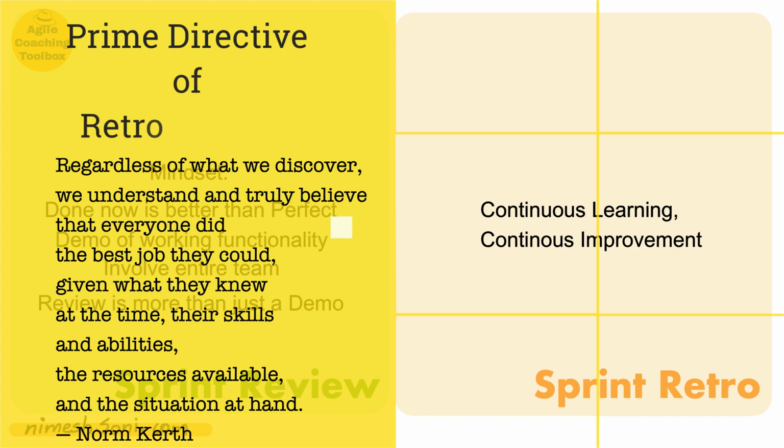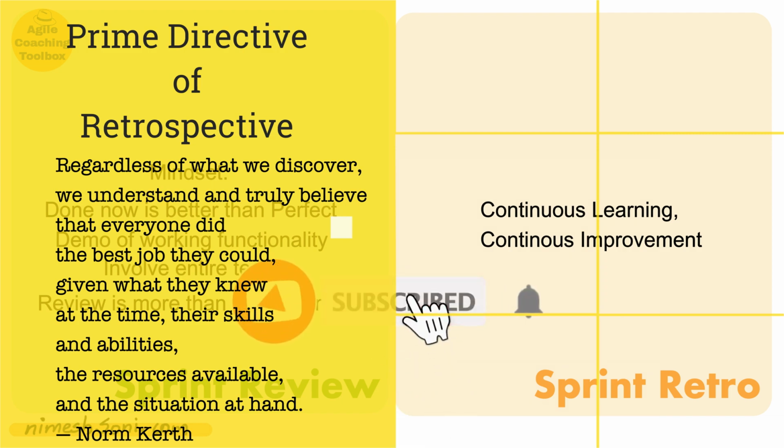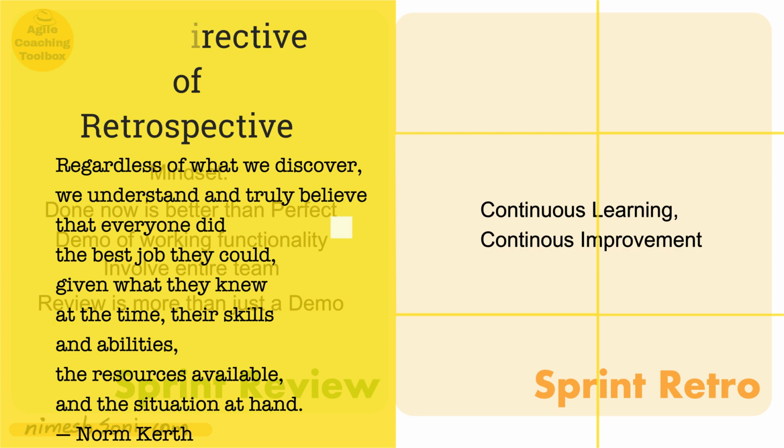It should not become just a complaining session, but rather we are looking at how the sprint went and finding opportunities for improvement. So the mindset going in to sprint retrospective should be of continuous learning, continuous improvement, and working as a group.